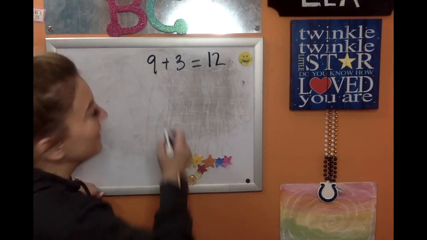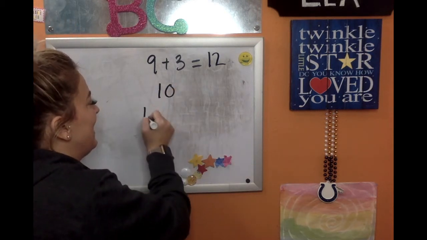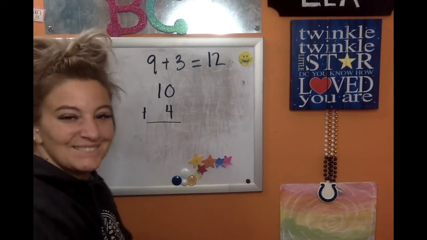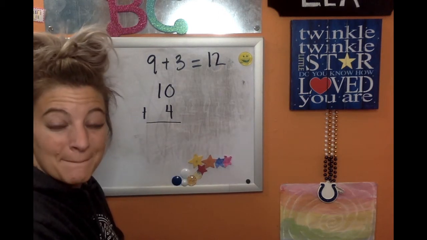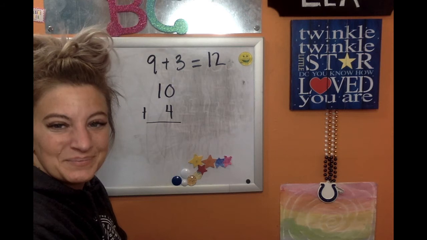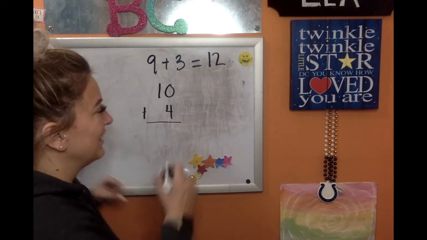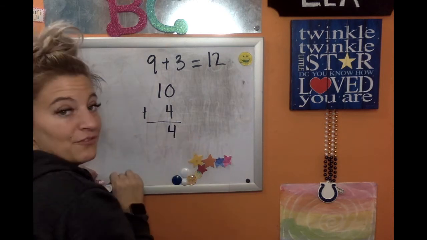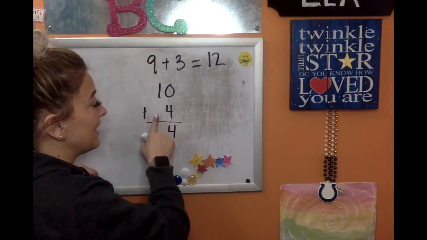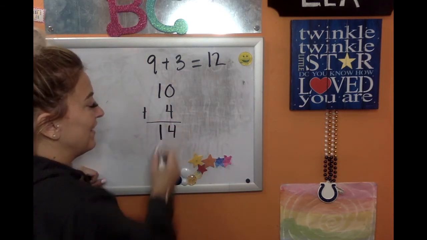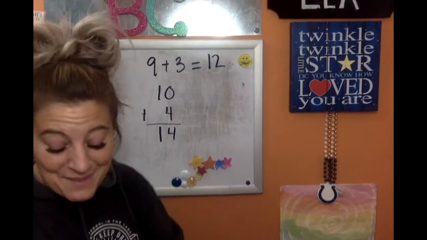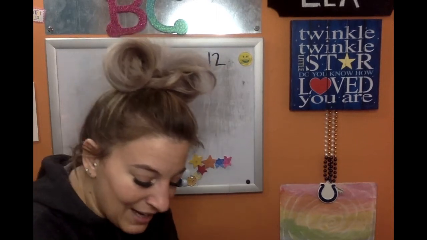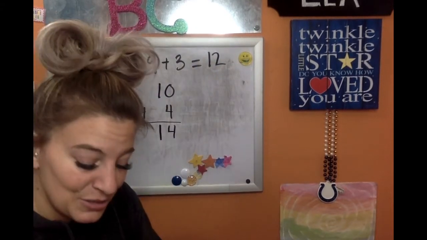And our next one is 10 plus 4. What's 10 plus 4? 0 plus 4 is 4. 1 plus nothing is 1. So 10 plus 4 is 14. I'm just going to write down my answers real quick.